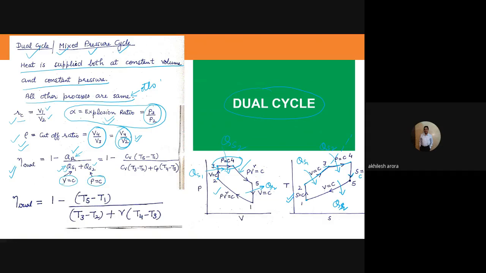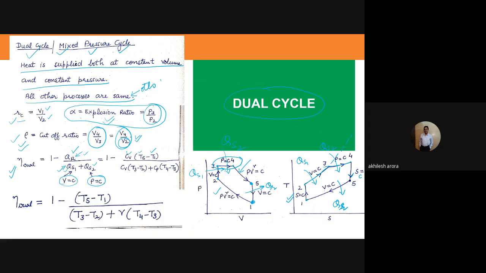Then we write the expression for the heat rejection. You can see that the heat rejection is during the process 5 to 1, so the expression now changes to CV (T5 minus T1). In the earlier case, in both the cycles, it was CV (T4 minus T1), because the point before T1 was T4, but here the previous point is 5. So the heat rejected is given by CV (T5 minus T1).